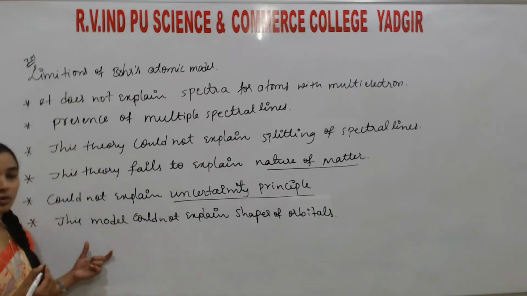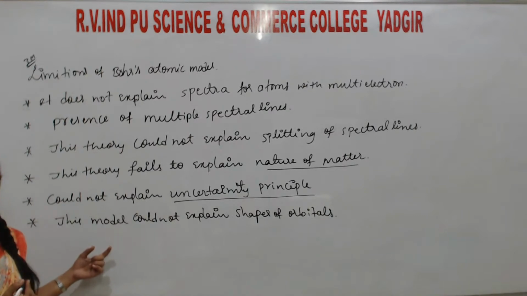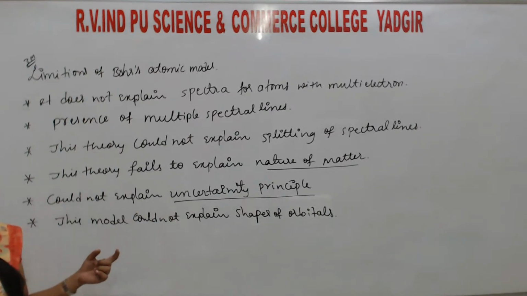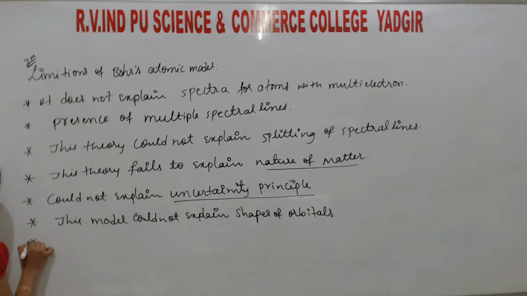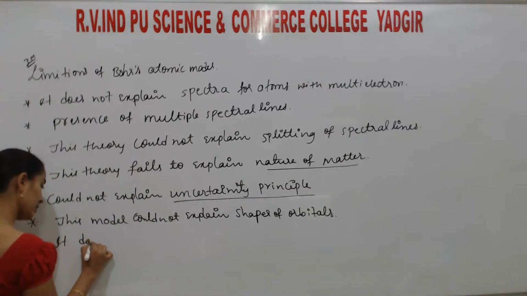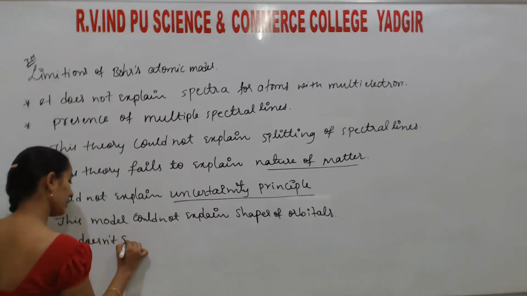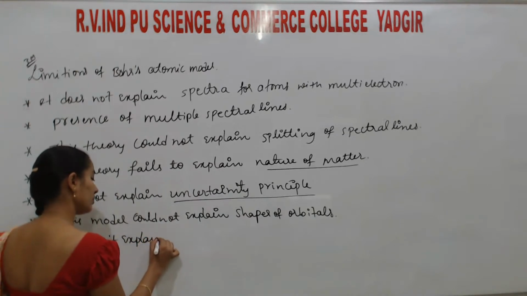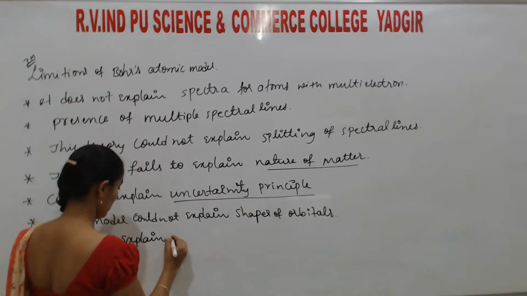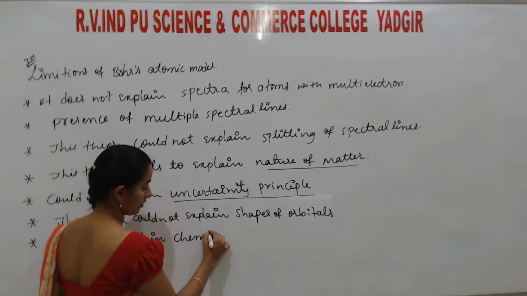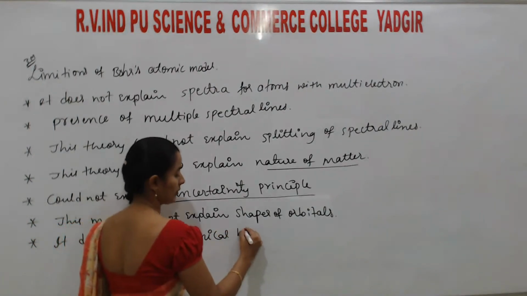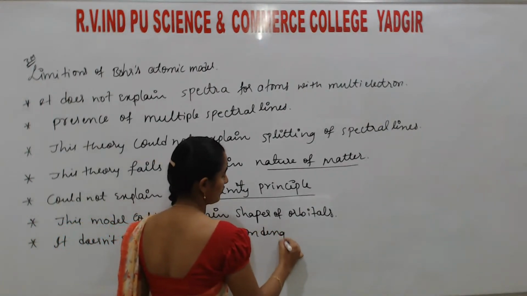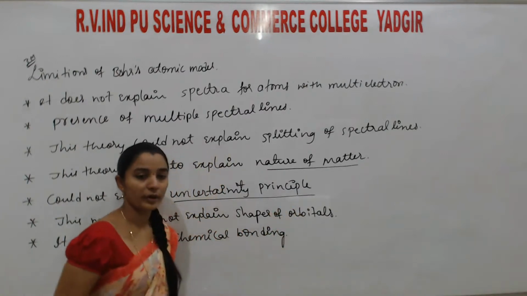This model does not explain shapes of orbitals. The last one, it does not explain chemical bonding or cause of chemical bonding.